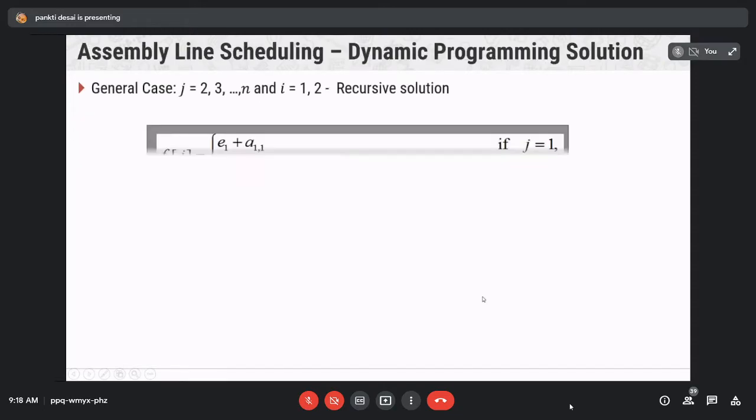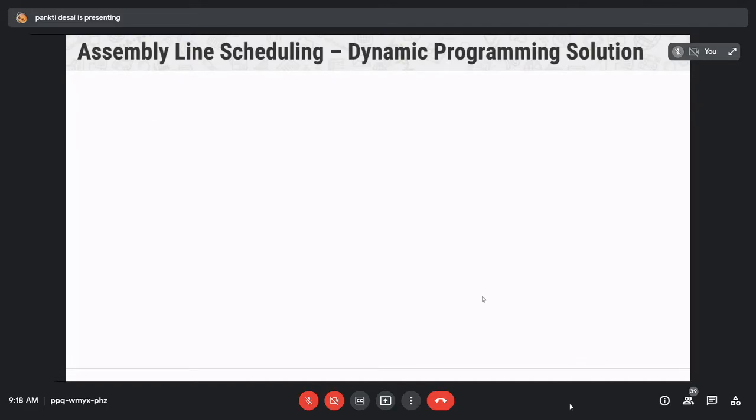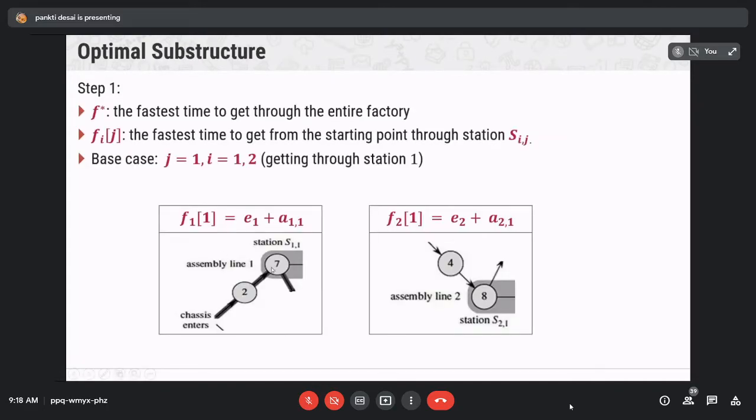Now the next step is for the values of j equals 2, 3 up to n and i equals 1, 2 for the recursive solution.